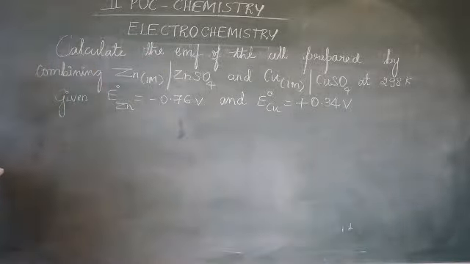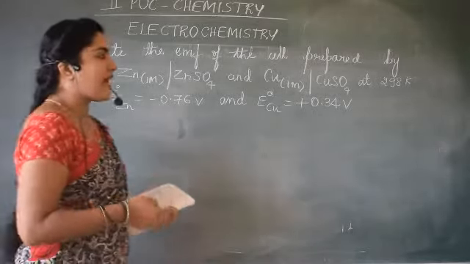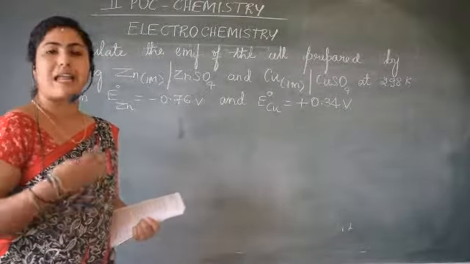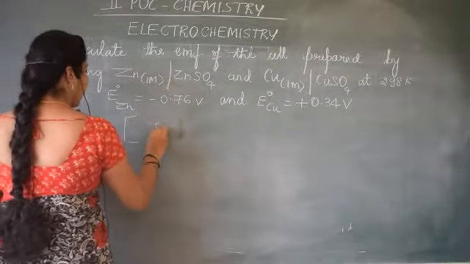So how are you supposed to calculate? You know the electrode having the highest standard reduction potential, SRP, is the right hand electrode. Just make a note of this.